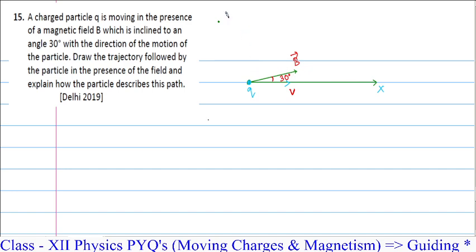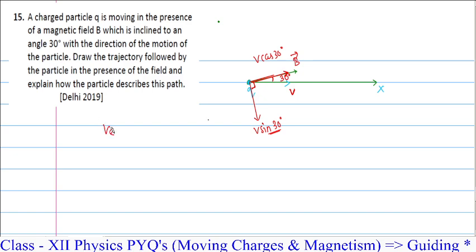One component of this velocity will be along the magnetic field, that will be v cos 30 degrees, and another component will be perpendicular to that one, v sin 30 degrees. So due to this perpendicular component, the charged particle will undergo circular motion, and due to the horizontal component, it will undergo linear motion.